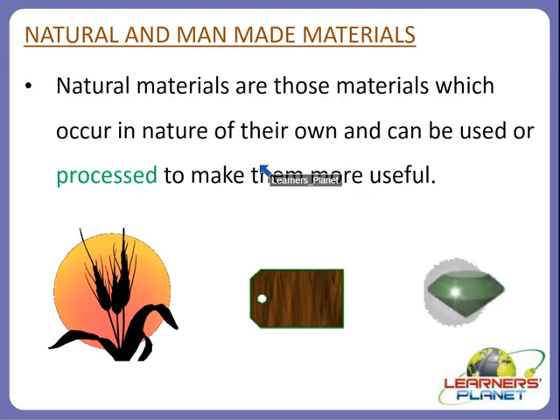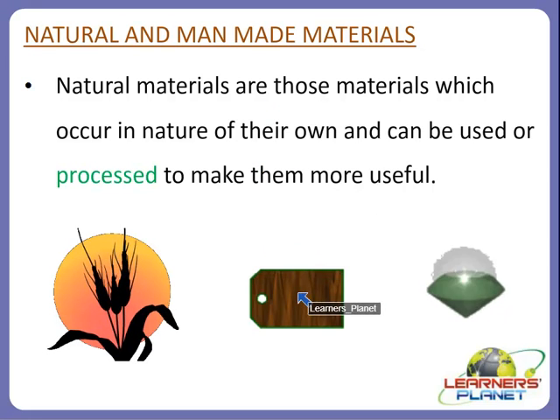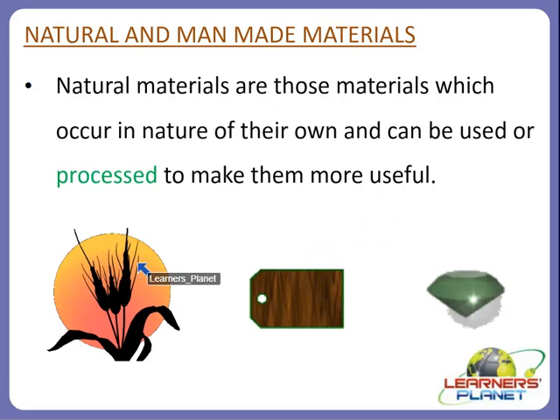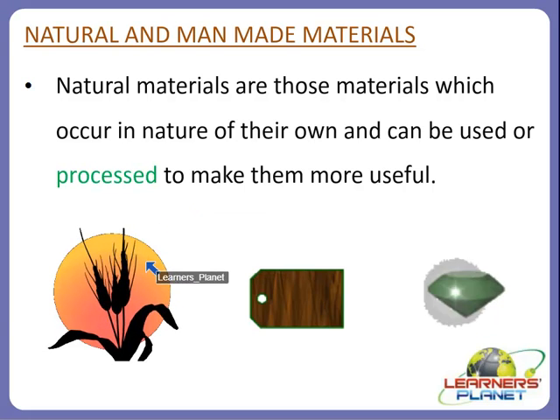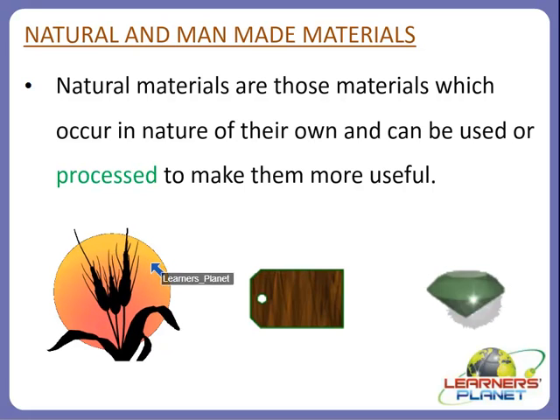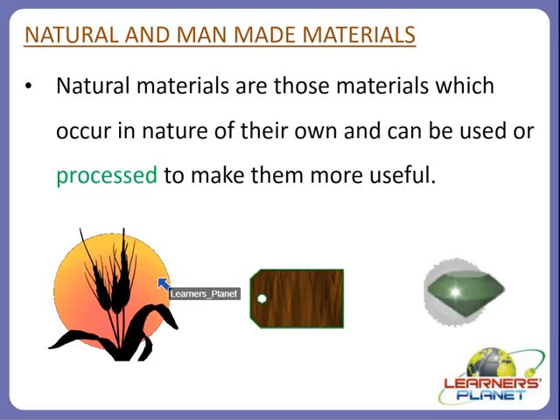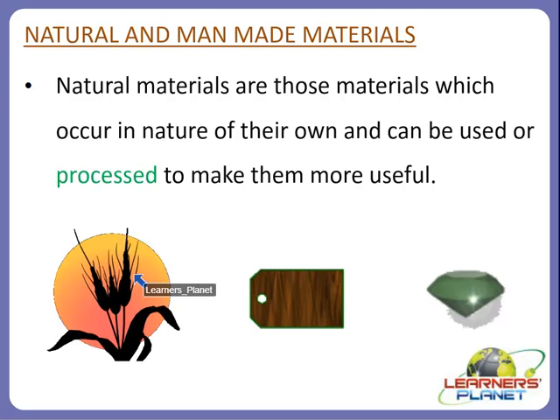For example, wood, and cereals, which are obtained from the outer covering of the crop called bran, like oats, barley, and wheat. So cereals can be obtained, wood can be obtained, or coal, silk, cotton, stone, water, jute, wax, etc.